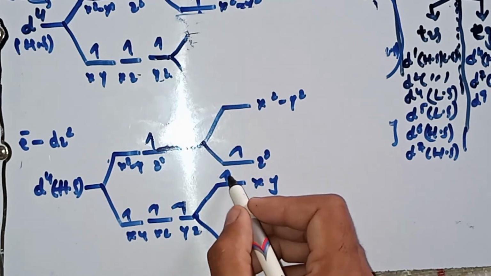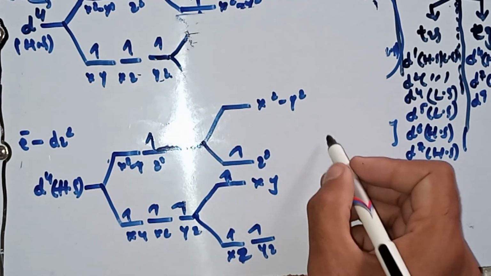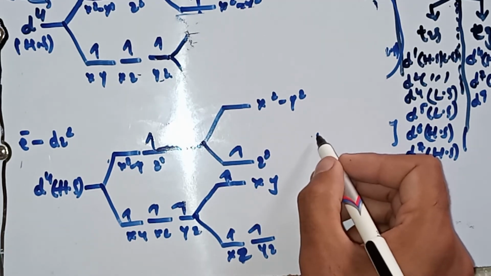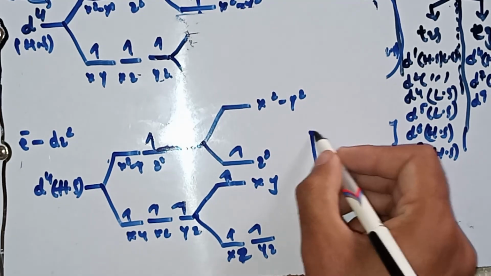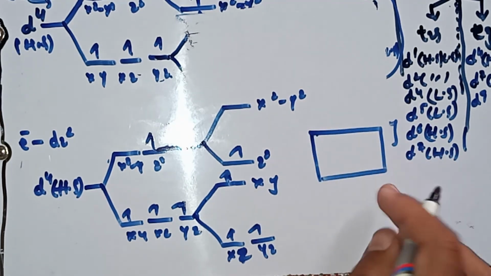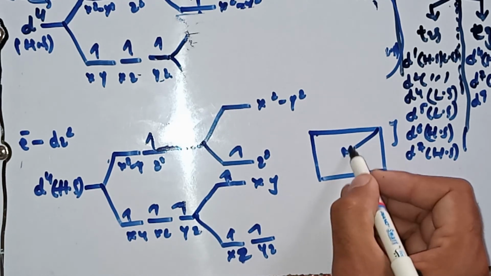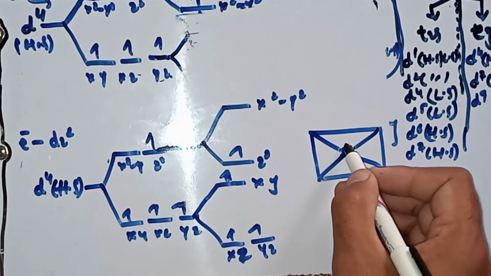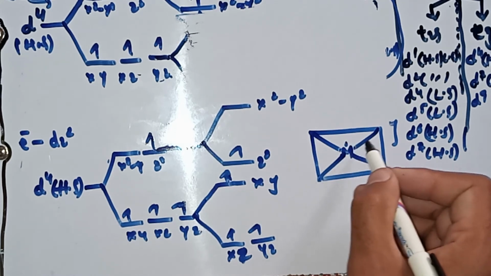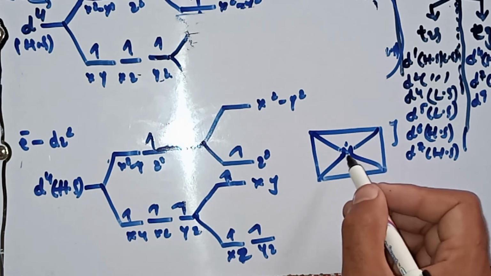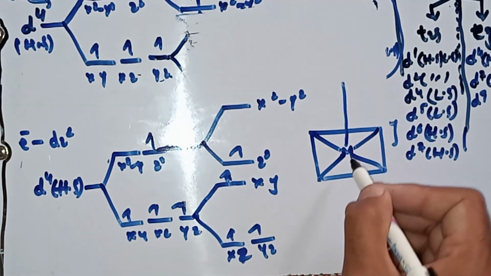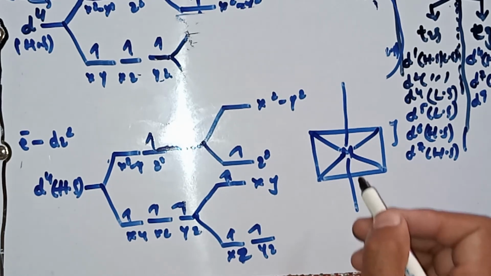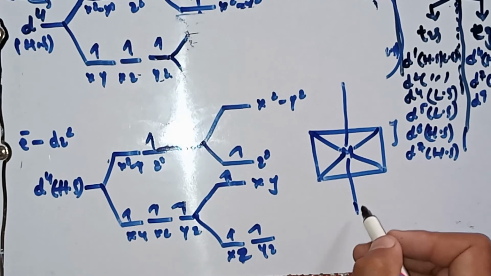So here z square is longer. Here the ligand can effectively approach the central metal atom from the equatorial position, while from the axial position the ligand cannot approach effectively to the system because of the electron.